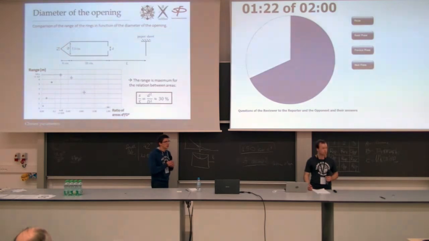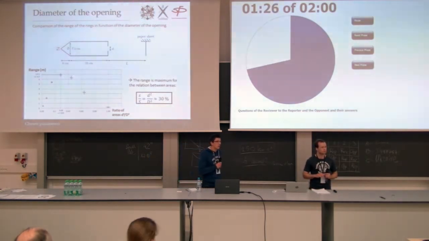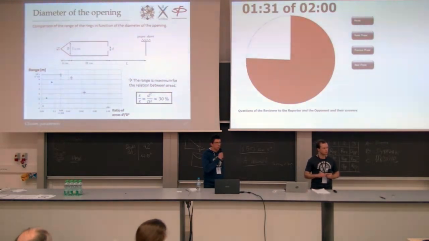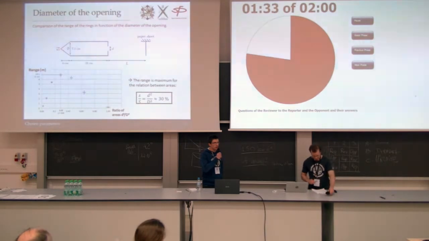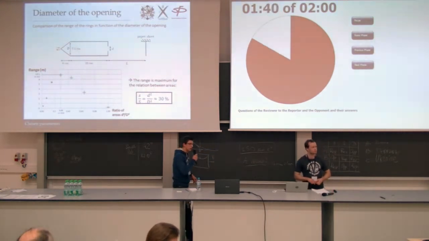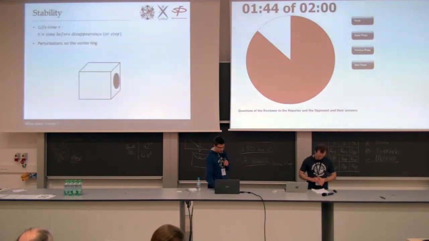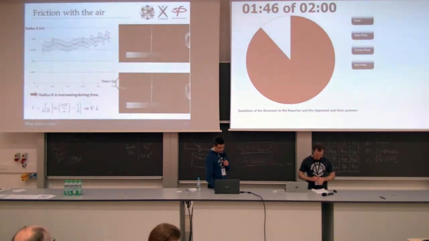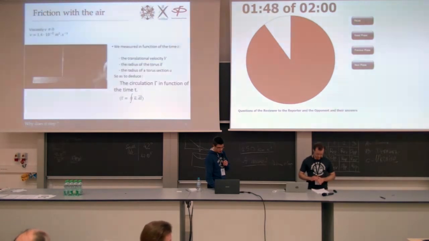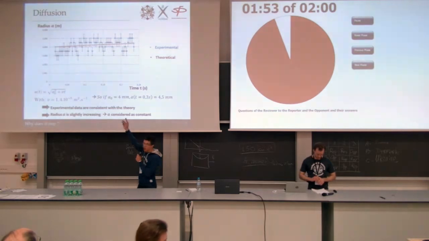Okay. One question about the thickness of the ring. Actually, how does this magnitude change during the whole motion of the ring? During 0.3 seconds you have 25 meters of distance. And what's the size of the ring in the beginning and at the very end? The thickness is here, so you have 4 millimeters.